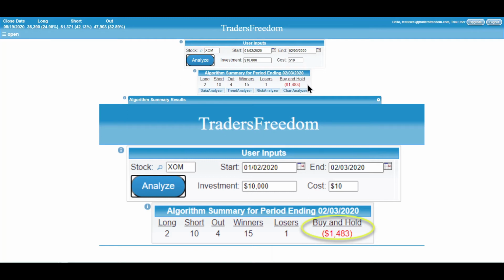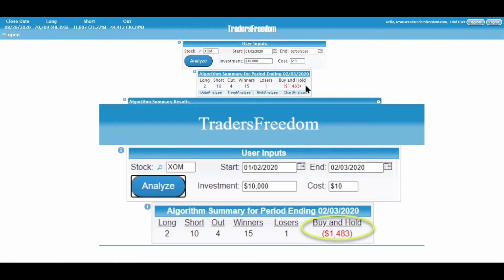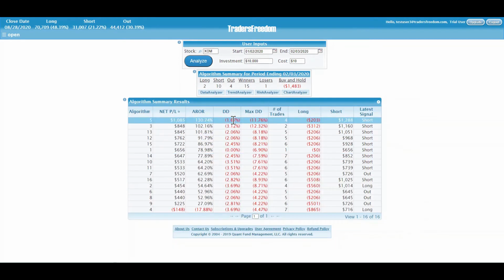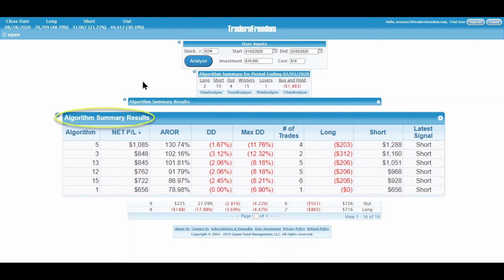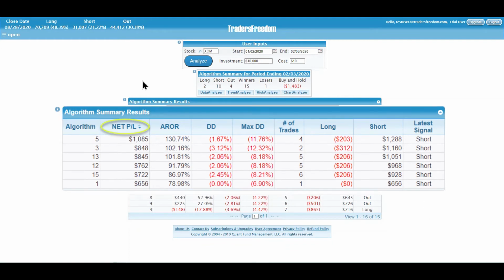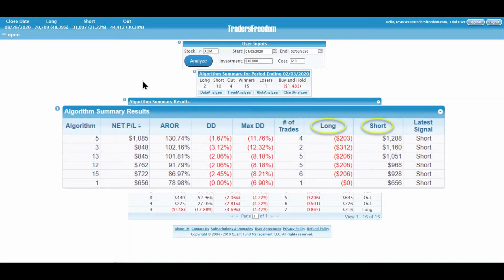So below the algorithm summary box is the very detailed algorithm summary results table, which breaks down each algorithm's performance into things like how much profit each algorithm made in the net P&L column, and how many trades it took to make that profit in the number of trades column. How much profit each algorithm made on long trades versus short trades in those 2 clearly labeled columns.